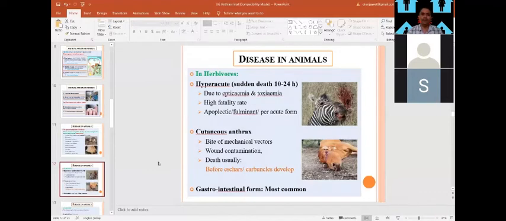Now in herbivores, this disease may occur in hyperacute form due to toxemia. As we know, in the anthrax organism there are three toxins or factors responsible for the occurrence of disease: the lethal factor, protective antigen, and edema factor. The presence of all these factors is necessary to initiate disease.